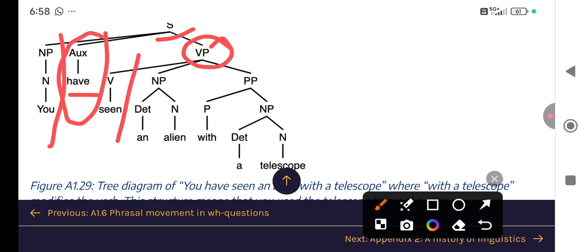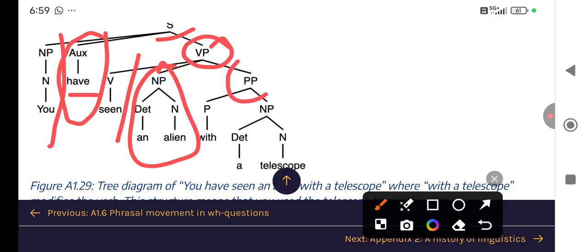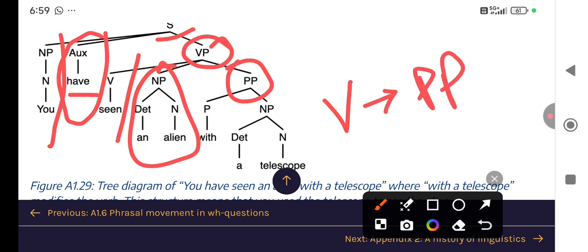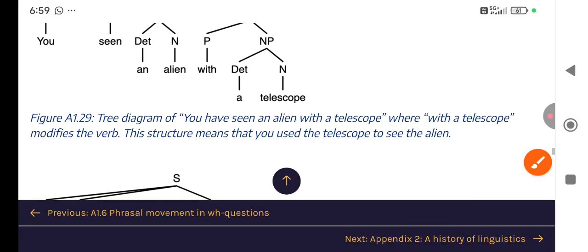An alien is a noun phrase. And from the same branch, verb phrase, prepositional phrase. Here you write with a telescope, so that's a prepositional phrase. We have just read that a prepositional phrase is generally placed on the right-hand side of the verb. So that is with a telescope. This way, this sentence should be analyzed.